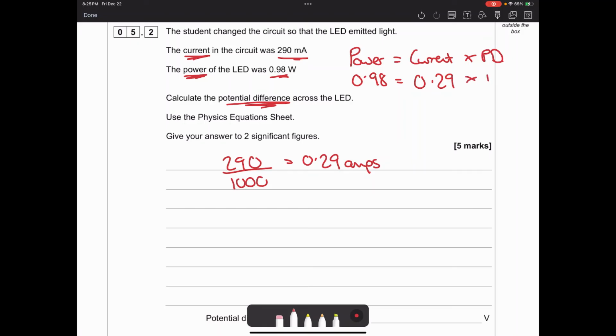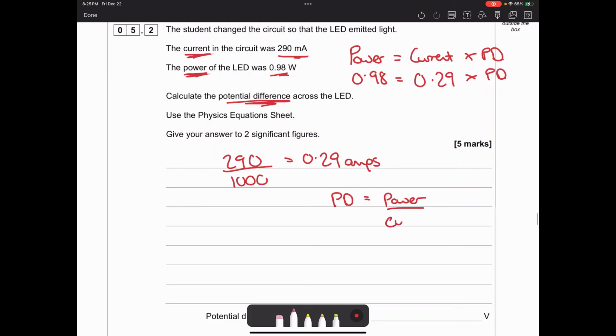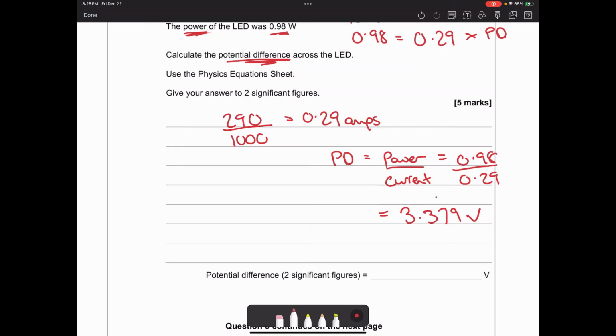I want to calculate my potential difference, so I can rearrange the equation. Potential difference is power over current. Power is 0.98, current is 0.29. If you do that, that gives you an answer of 3.379 volts. But I wanted 2 significant figures, so draw your line, and you round it up because it's a 7, so it should just be 3.4.